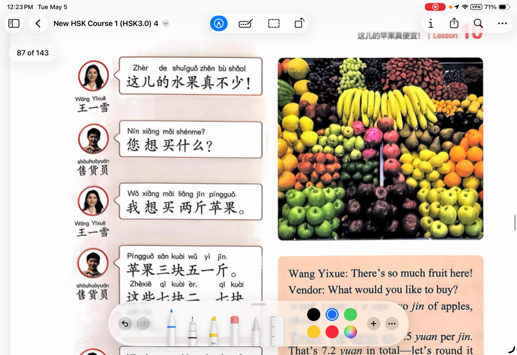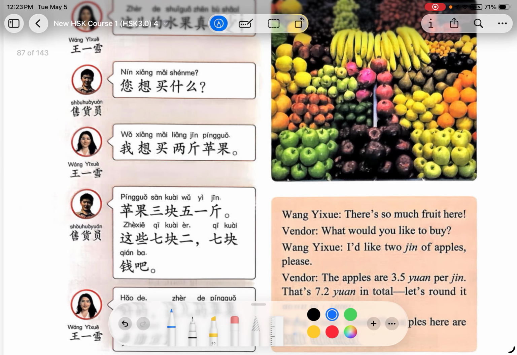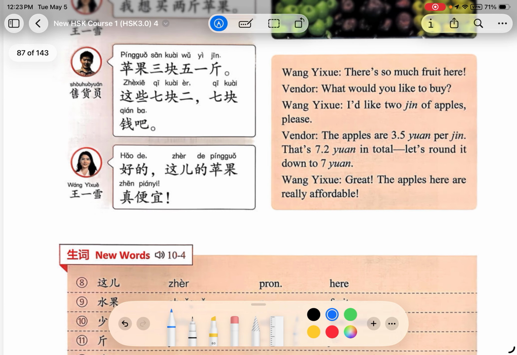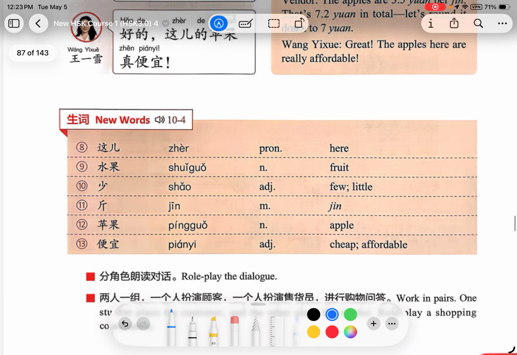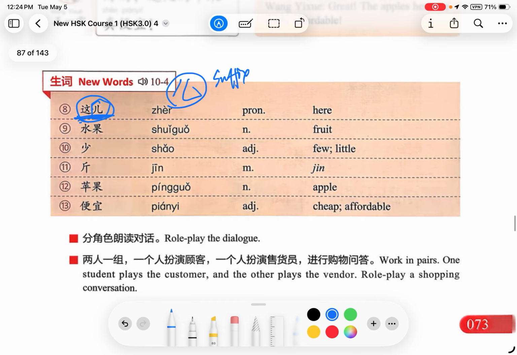Text 2，这儿的水果真不少。您想吃什么？您想买什么？我想买2斤苹果，苹果3块5一斤，这些7块2，7块钱吧。好的，这儿的水果真便宜。New word 这儿. Every time we see this as a suffix, it means this word, normally we use it in daily conversation, in oral speaking.